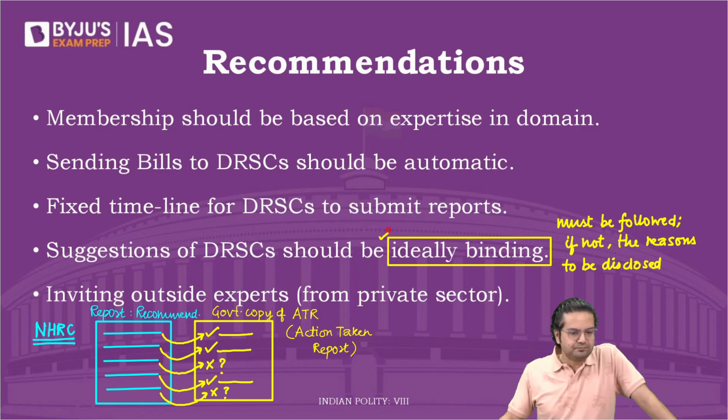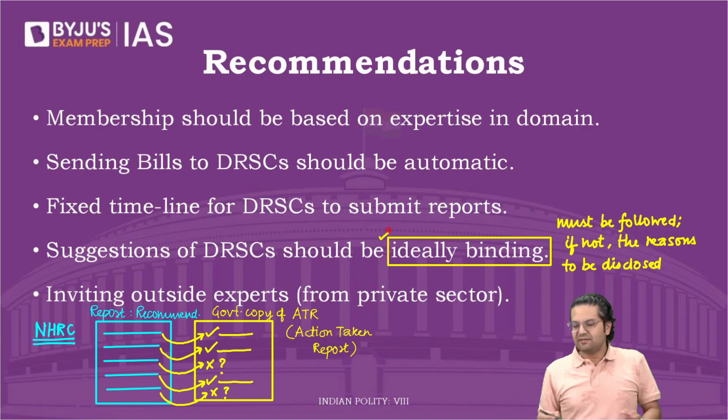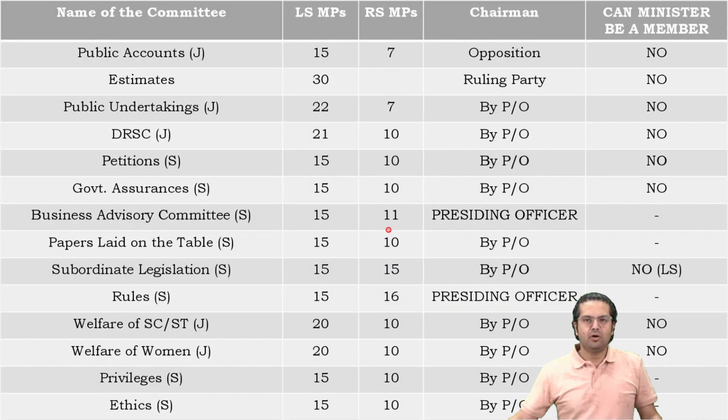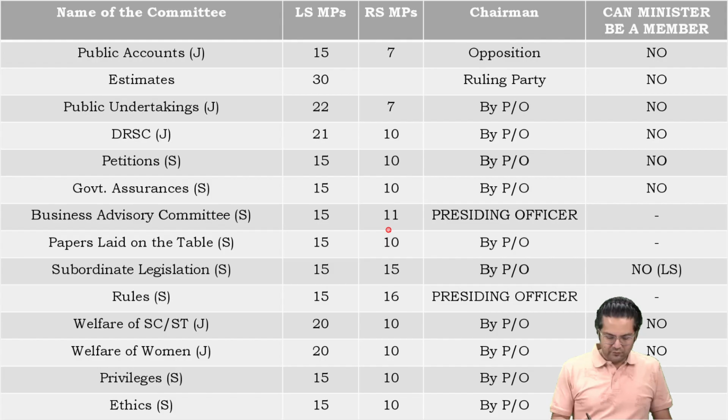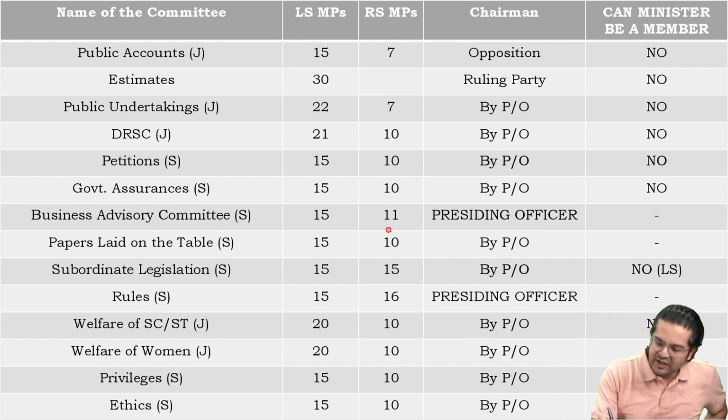Clear? Done? That's it. We are done with the parliamentary committees. The task is over. Now I'll just explain this table for all of you. Very easy to understand. Please focus and follow. So name of the committee, J stands for joint.